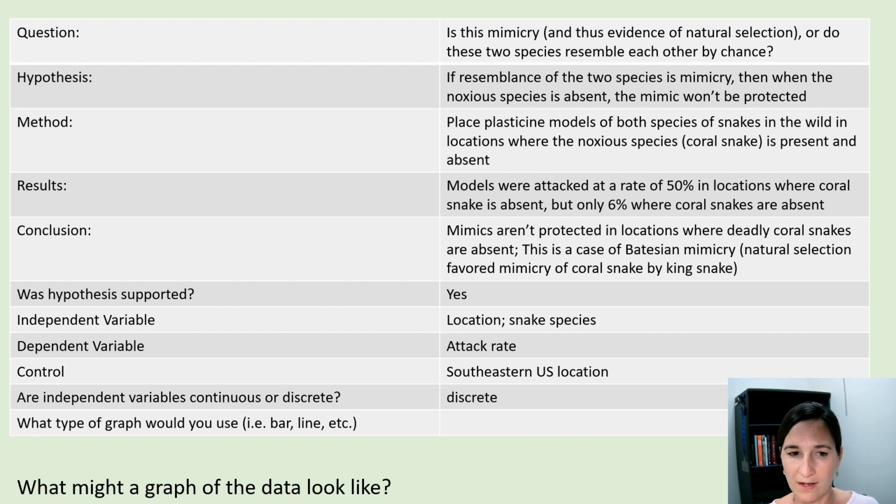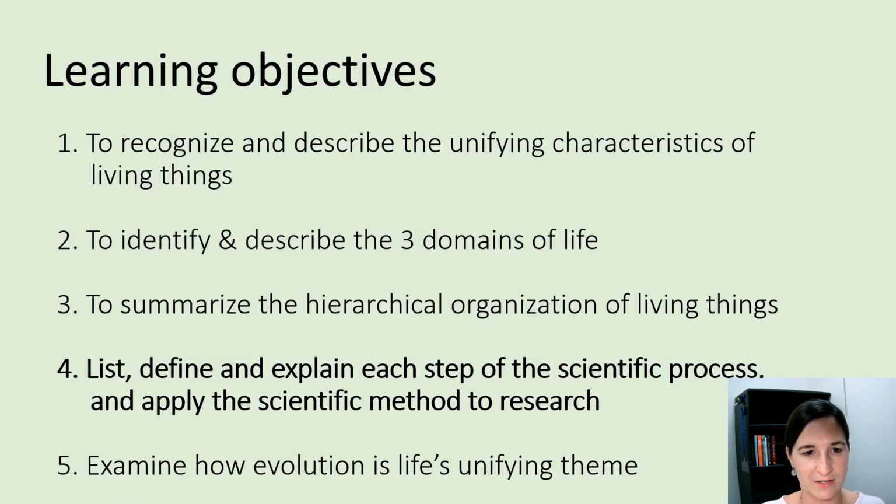Think about what a graph of this data would look like. I want you to be able to take examples of the scientific method and pick them apart and figure out what methods they used, what was the control, what were the independent variables, what was their hypothesis. Okay, all right, so we're done with learning objective numbers 1, 2, 3, and 4.